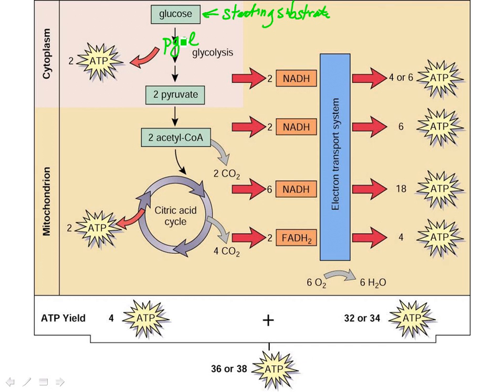Remember when we put in our first ATP, we created glucose 6-phosphate. Then we put in our second ATP, and we ended up, after an isomerization process, with fructose 1,6-bisphosphate. And from there down to pGal, we used a -2 ATP.